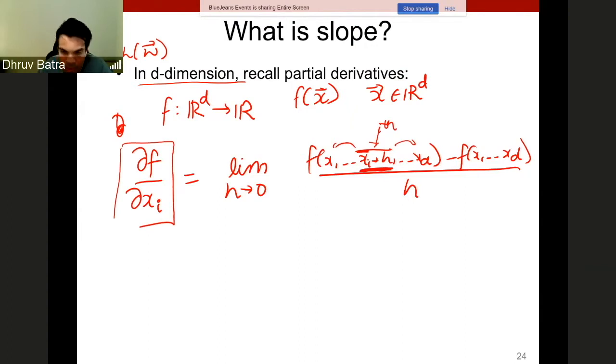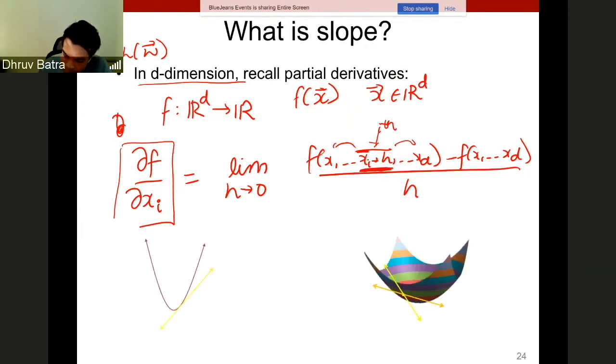That's why these are called partial derivatives. And the visualization of them as a slope is that in one dimension, the derivative gives you the slope of a tangent line. And in two dimensions, for example, you're converting the different dimensions into tangent lines along these different coordinate directions.